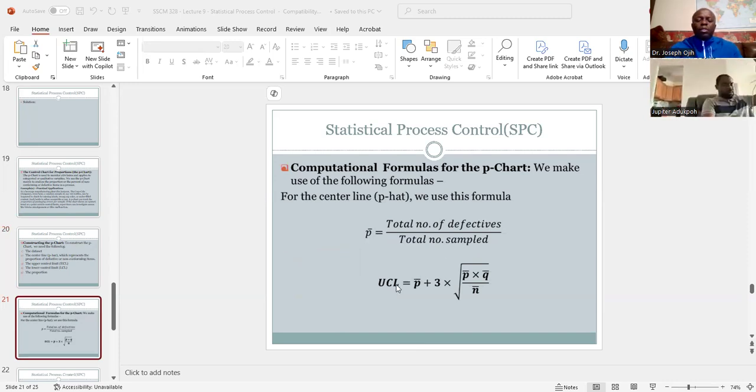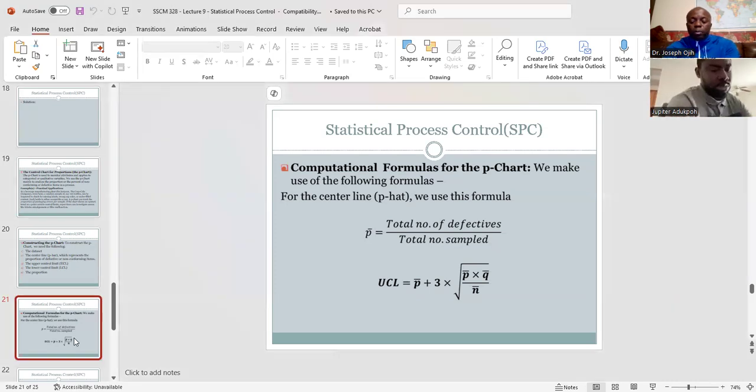For the upper control limit, we use p bar plus 3 times the square root of p bar times q bar over n bar. The 3 is just part of the formula.